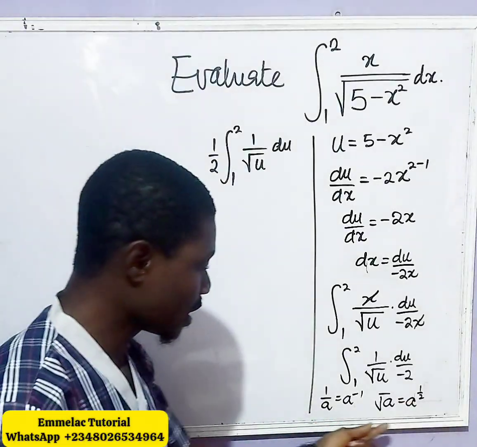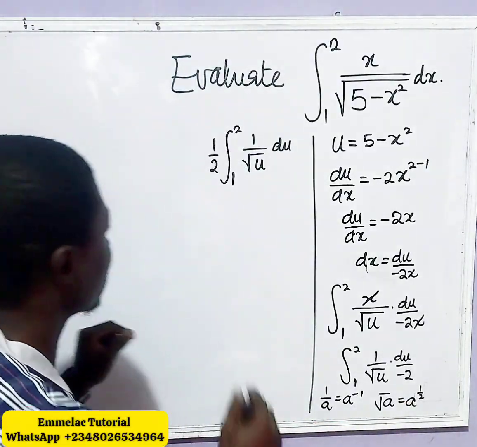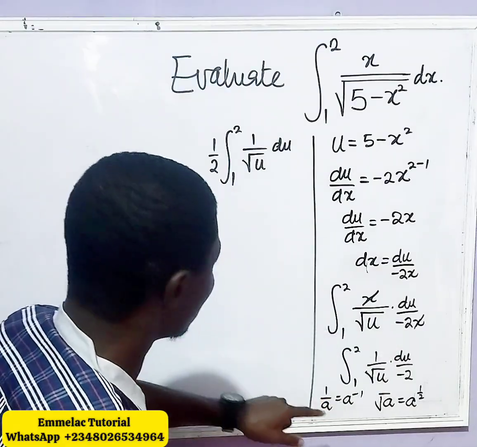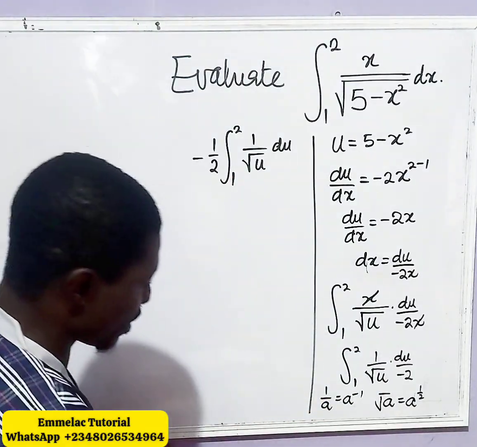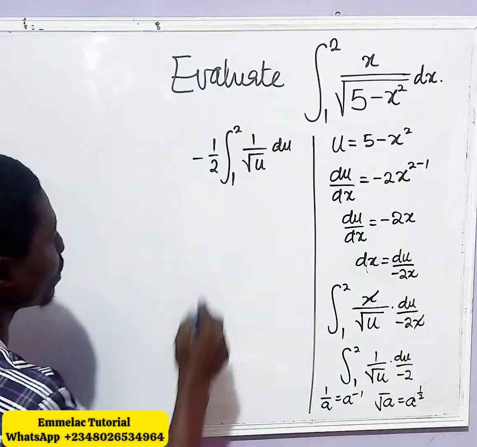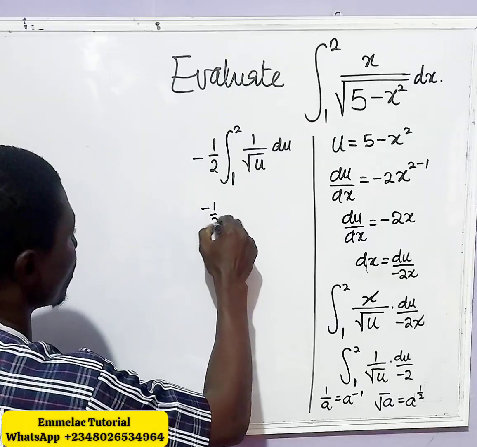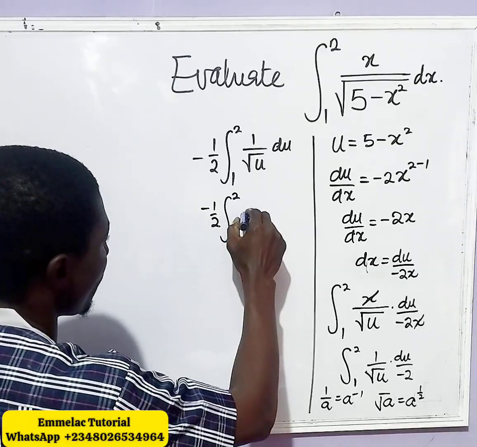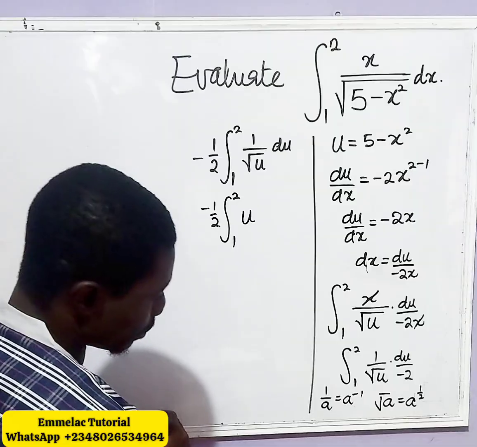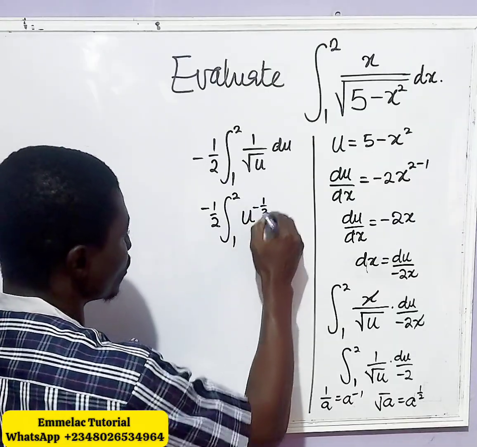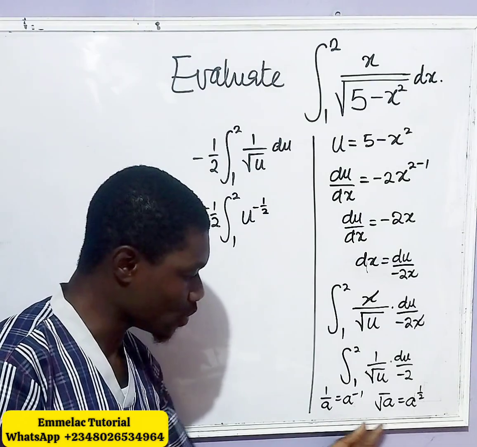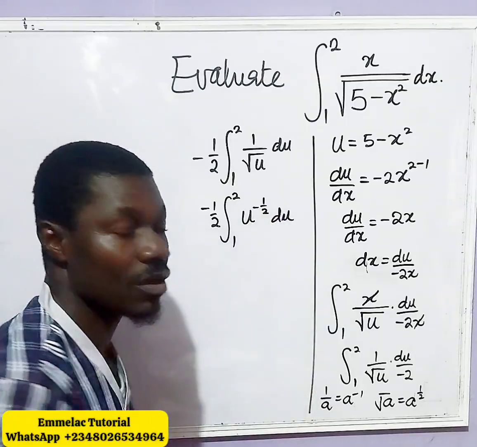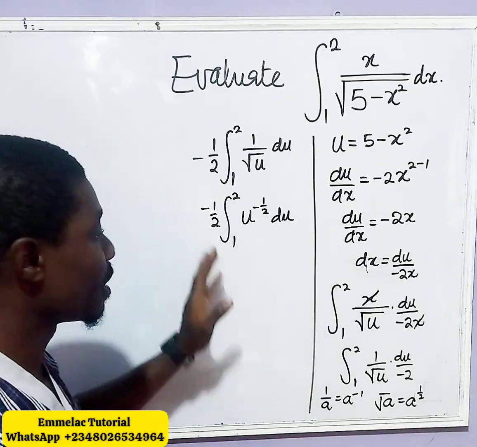So if you apply these two rules, we end up having negative 1 all over 2, then the integral of u raised to negative 1 all over 2 du. Alright, you can see, let us now integrate.